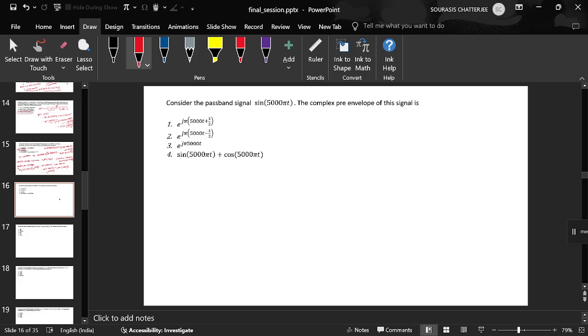Okay, so we have to find here now the complex pre-envelope for the passband signal sine 5000 pi t.